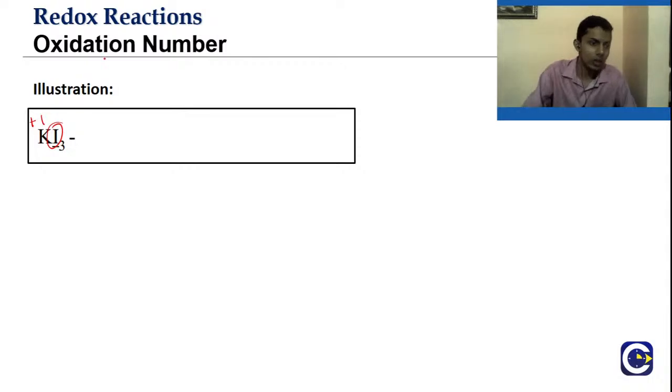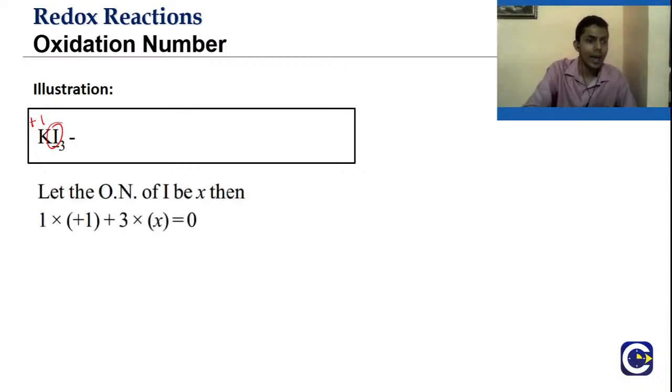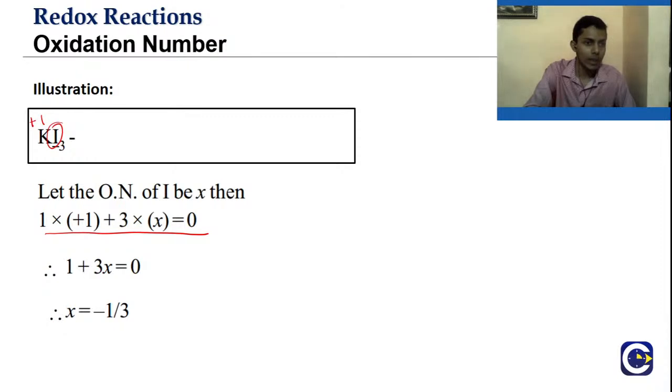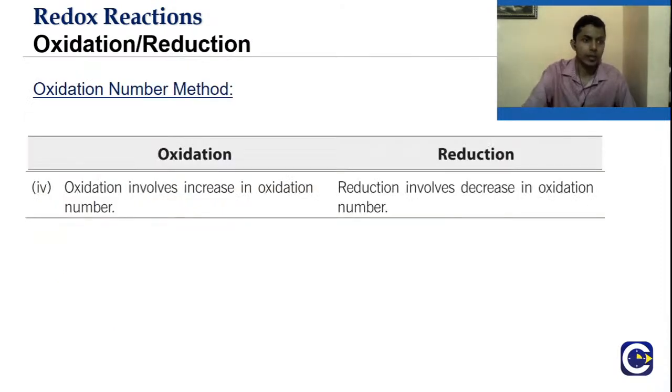So using that logic, I'll take oxidation number of iodine to be X. Then when I do algebraic addition, it will be 1 into 1 plus 3 into X equal to 0. X will be equal to -1 by 3. Clear?